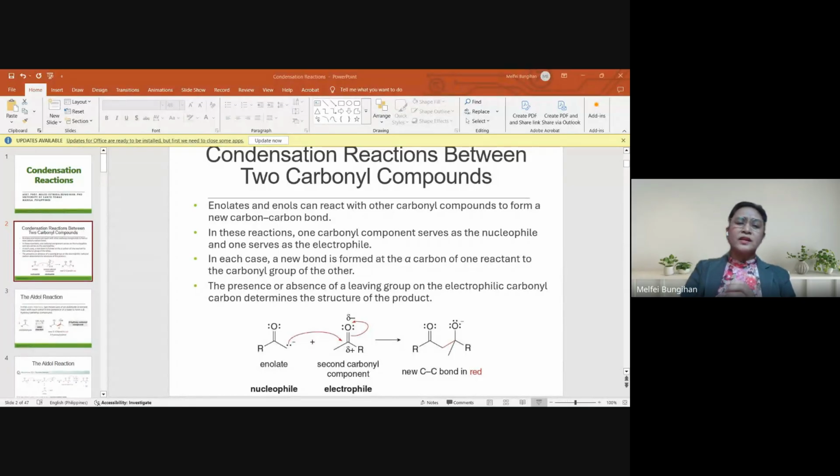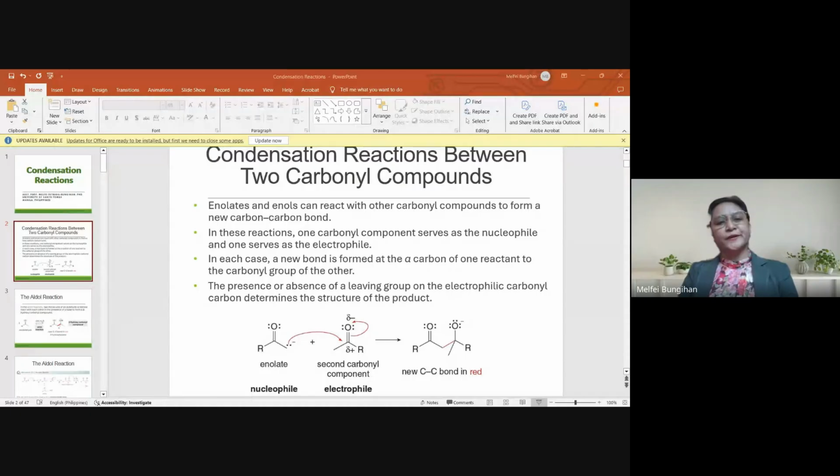Okay. So the absence or presence of a leaving group on this electrophilic carbon determines the structure of the final product. Whether you have a secondary alcohol or a tertiary alcohol depends on the groups that are attached to your carbonyl.